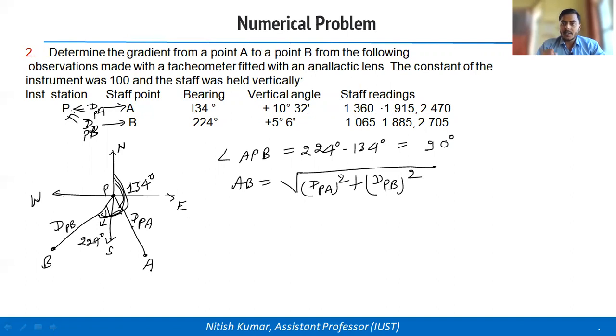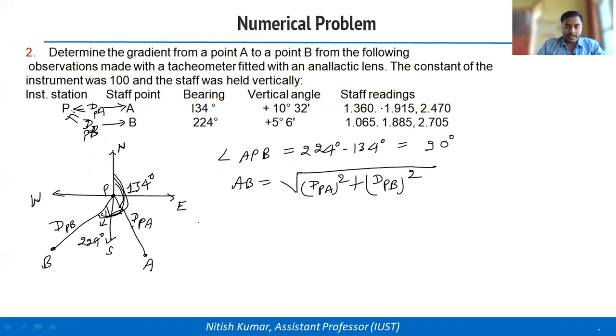Similarly, we can do it for the vertical distance also. We can calculate the vertical distance between P to A and P to B, then find the vertical distance between A to B. And then we can take the ratio, then we will get the gradient.